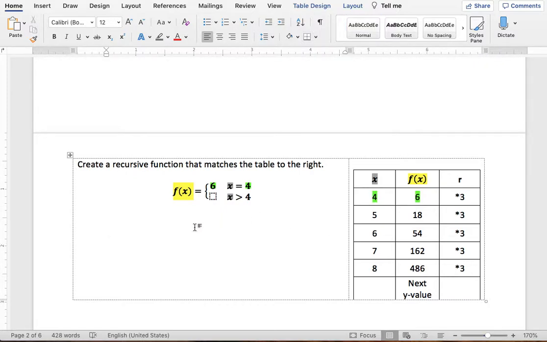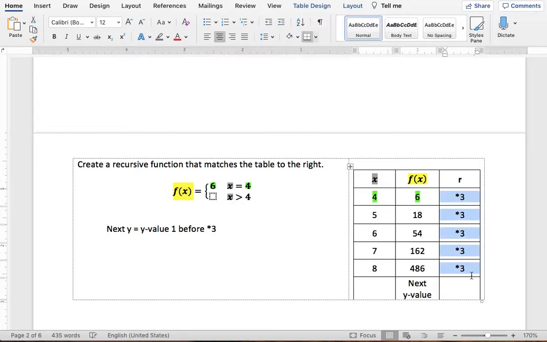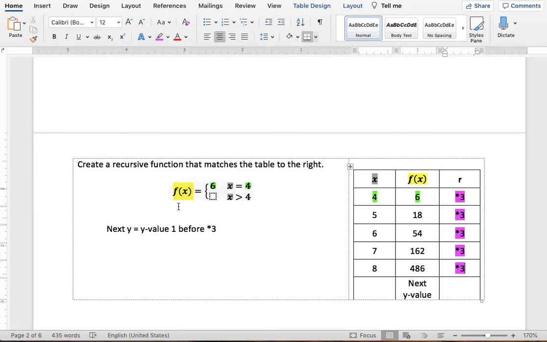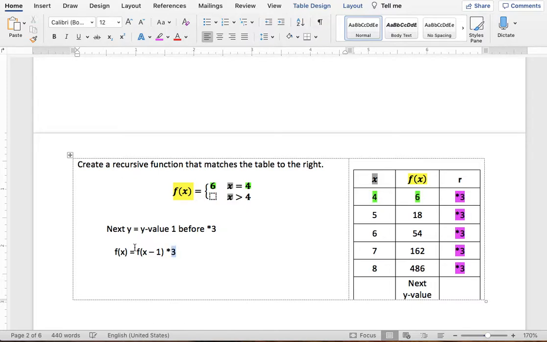So next y is equal to y value 1 before times 3, or that column. Notation is next y value is just your f of x, y value 1 beforehand is f of x minus 1, and I'm always multiplying times 3.